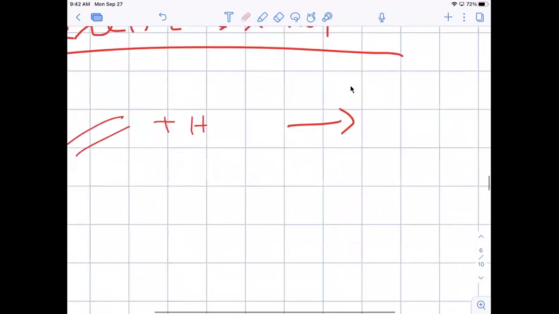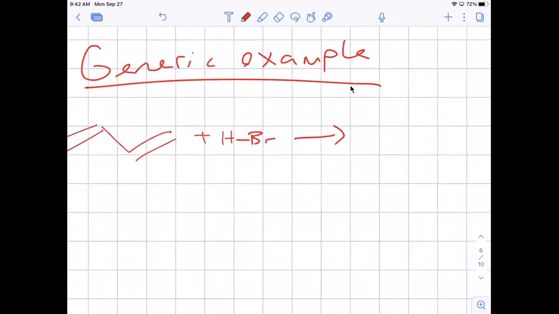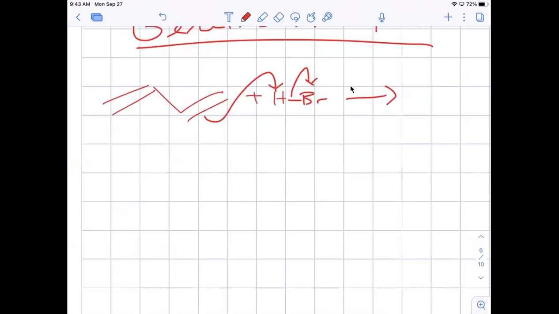Remember from part one, anytime you have an alkene in the presence of an acid like HBr, HCl, HI, first thing that happens is you do proton transfer. So the alkene is acting, in this case, as a base, but it can also act as a nucleophile, right? So with these conjugated dienes, you get this intermediate that's common right here.